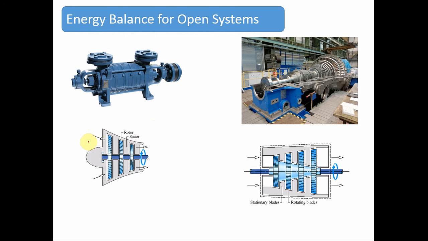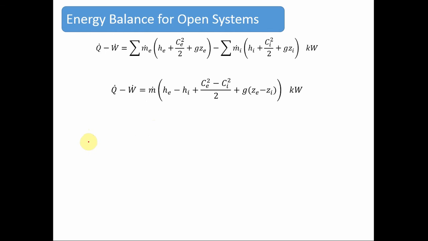Therefore, our equation can be further simplified. The summation of the mass transfer at the exit and the summation of the mass transfer at the inlet are identical, which is simply the mass transfer. Therefore, our equation further reduces into this form.